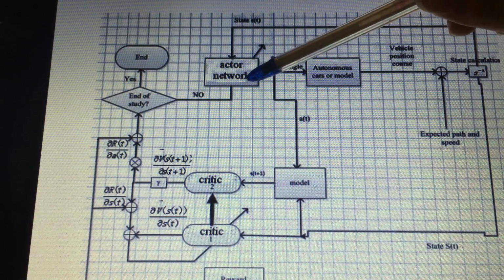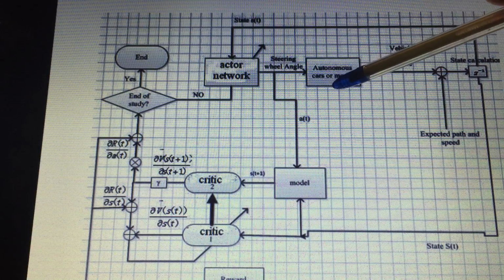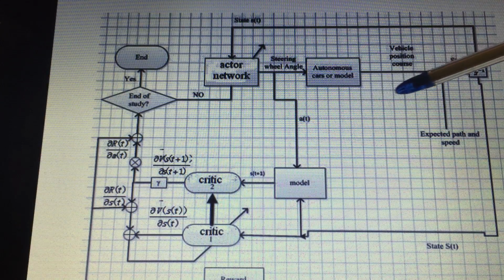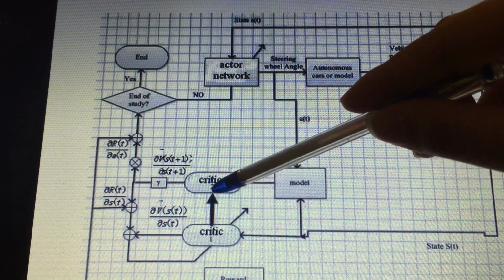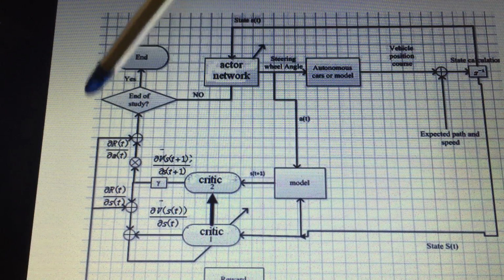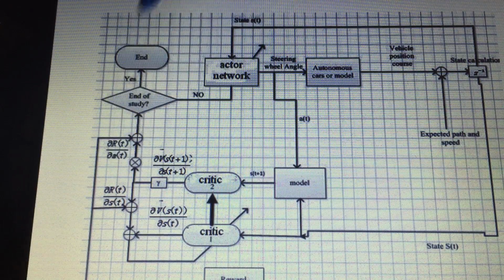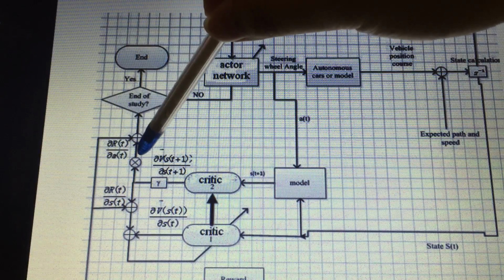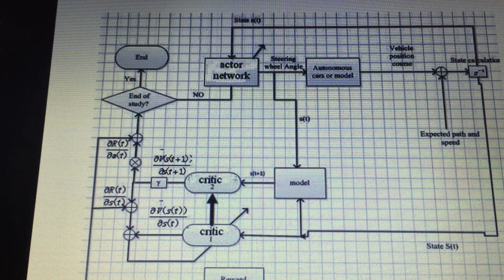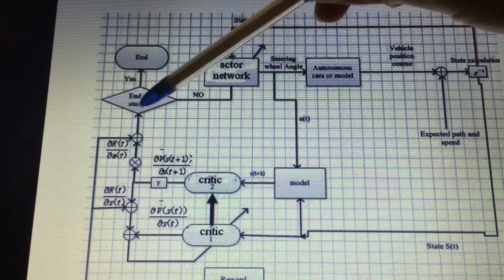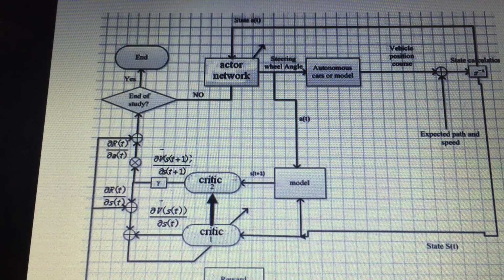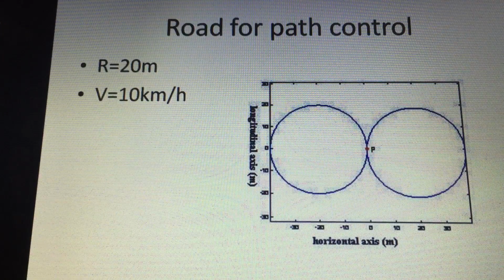The actor network goes through the car model, and then goes back to critic networks 1 and 2 with the reward functions, with respect to the partial derivatives of the actions and the states.